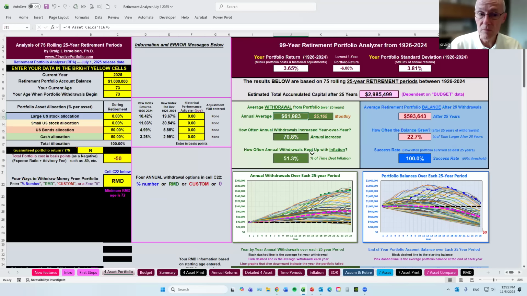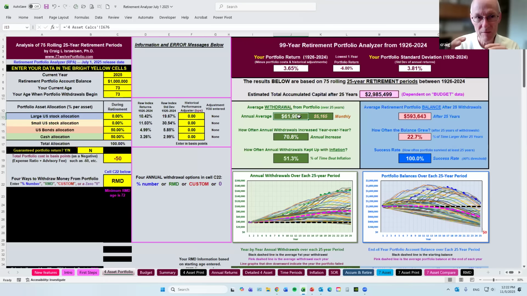It's very conservative, but that may be what a person is comfortable with. So be it. So there's a couple of questions. Number one, how much do we withdraw on average? Well, that's a 25-year average.